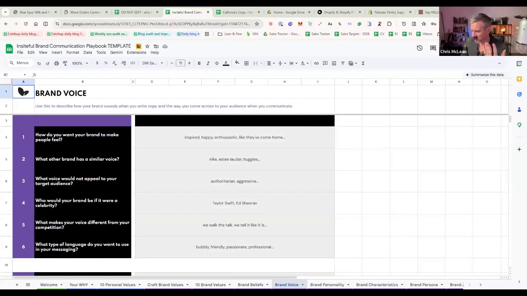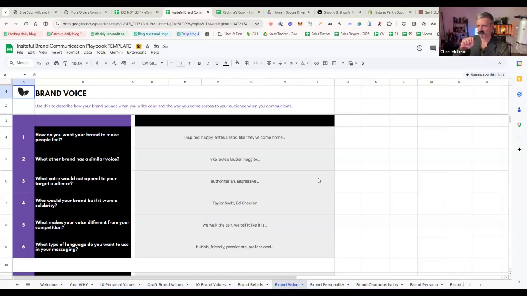Yeah, so this process is about 20-something tabs, and when I work through this with brands, we take 4 to 5 to 6 hours to go through every single aspect of this, because the more you understand each of these individual things, the tighter and more specific all of your messaging becomes, and you're not just writing generic words that don't mean anything.